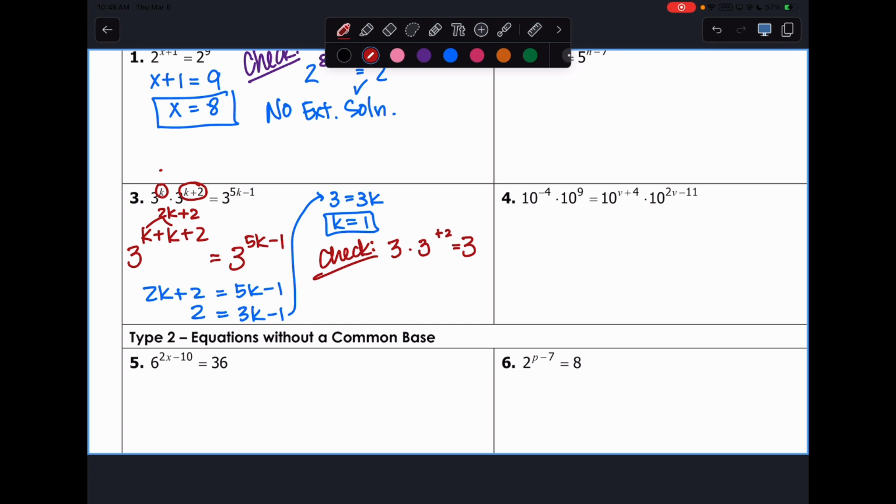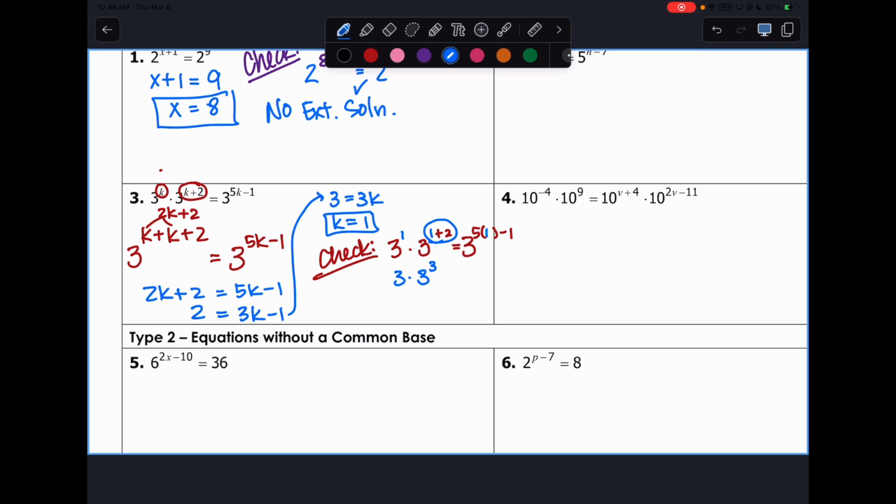Equals 3 to the 5 times 1 minus 1. So I'm placing 1 wherever k would be and solving. So 3 to the first plus, like, 1 plus 2 power. This one equals 3, right?